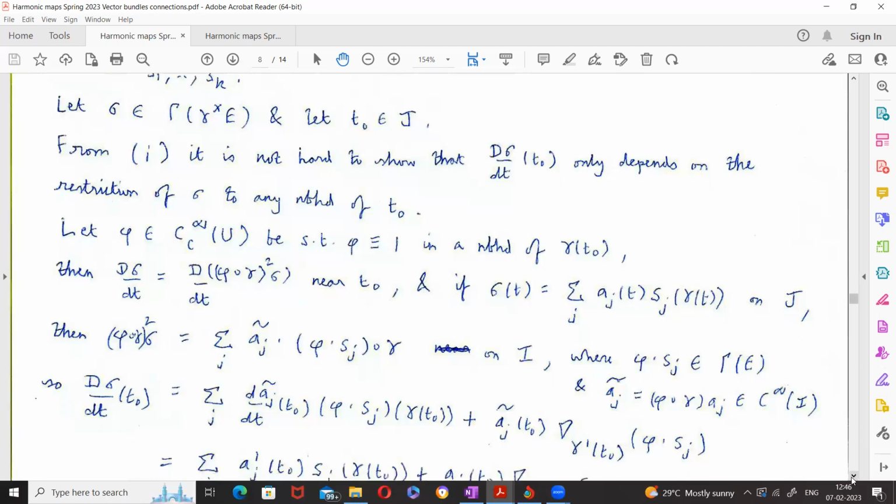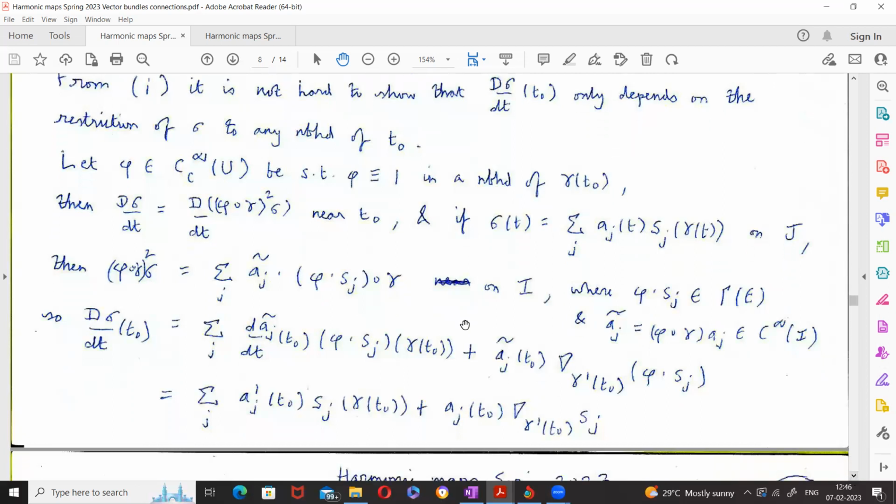So if I look at (phi composed with gamma) whole squared into sigma, then one phi composed with gamma, I multiply with the aj's, and the other phi composed with gamma, I multiply with the sj's.